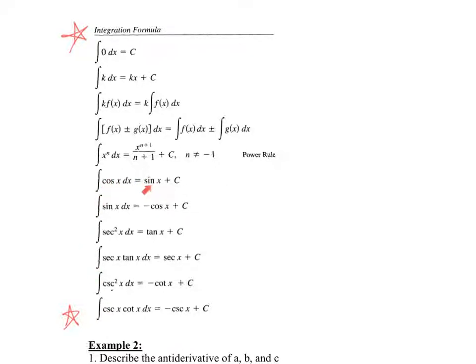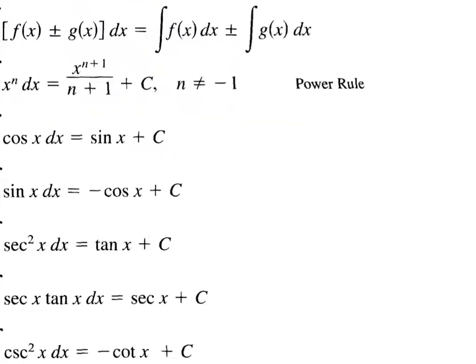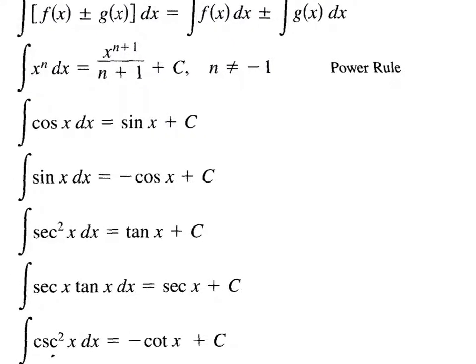The integral of cosine is sine because the derivative of sine is cosine. The derivative of cosine was negative sine, so the integral of positive sine is negative cosine. Before we look at the rest of these, let me give you a little tip to remembering your sines and cosines.